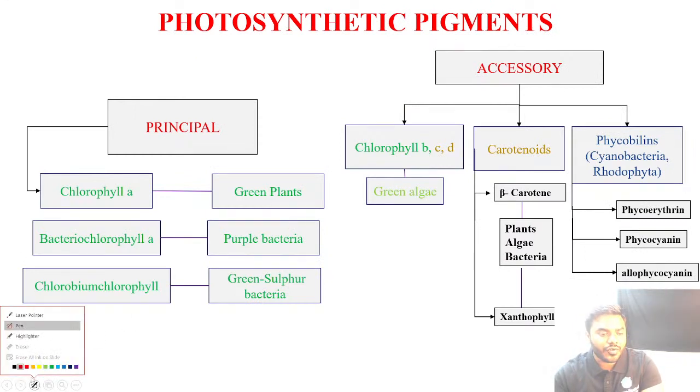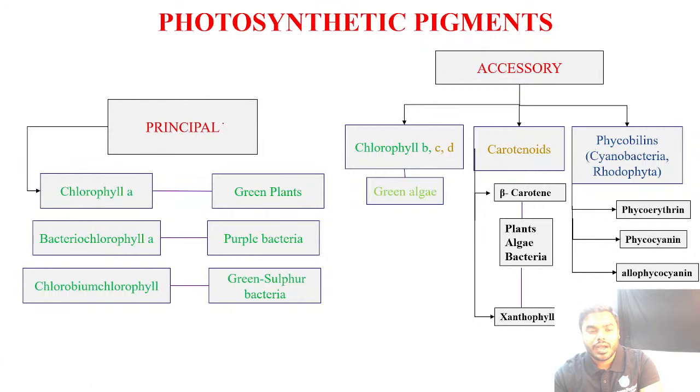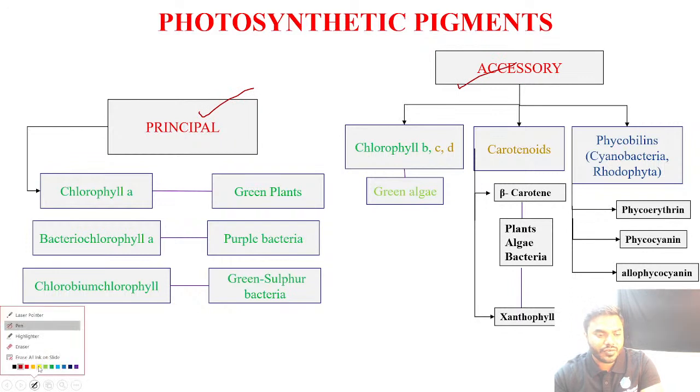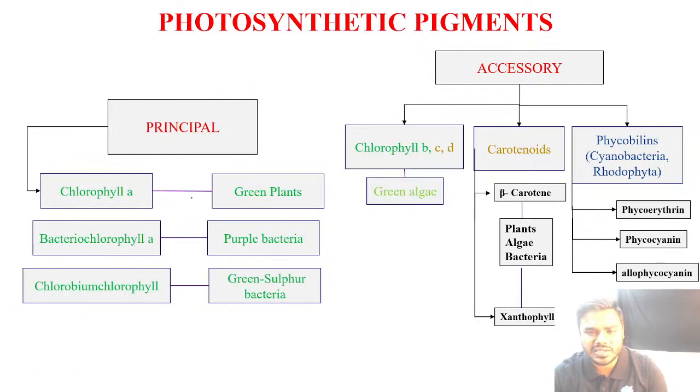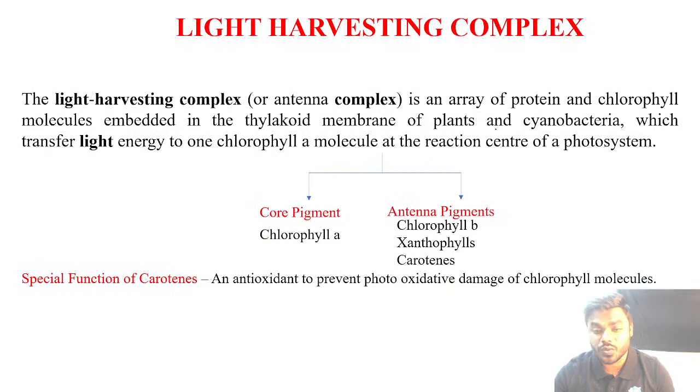And if all of you quickly recall my words, I said that the photosynthetic pigments are broadly categorized into principal pigments, followed by the accessory pigments. Principal pigments are of different types we read, accessory pigments also we read.